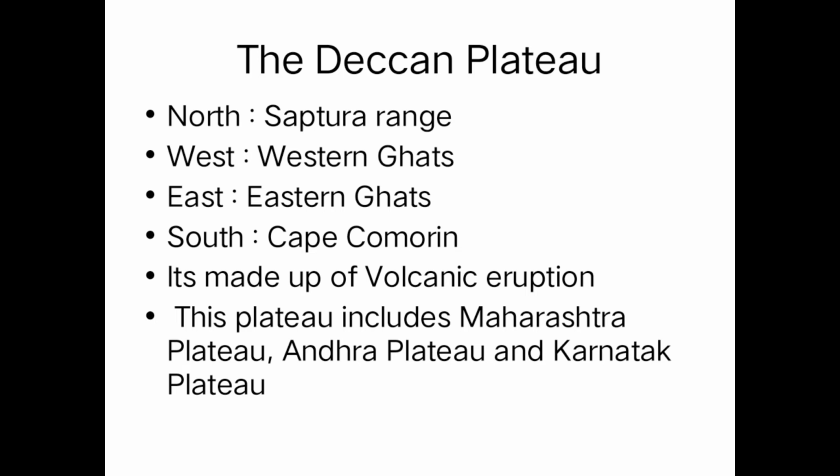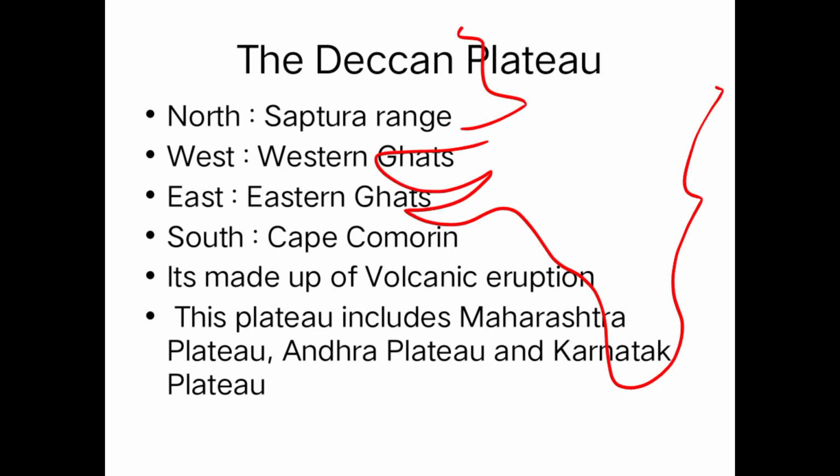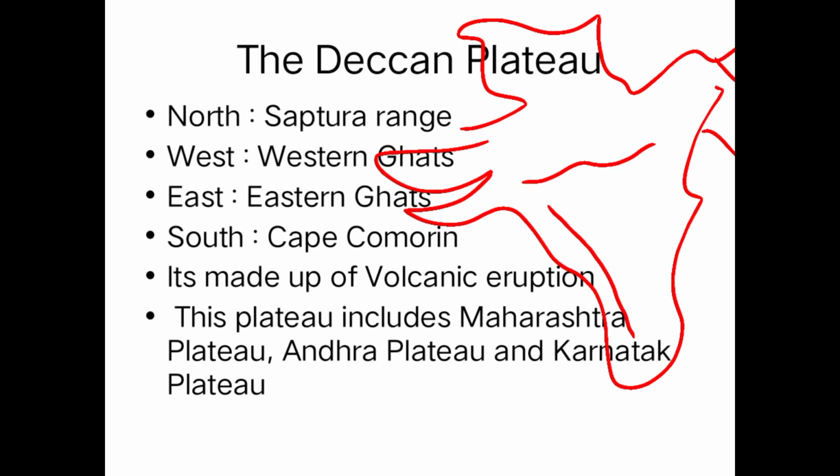Coming down to the Deccan Plateau region, in the north we have Satpura, in the west the Western Ghats, in the east the Eastern Ghats, in the south Cape Comorin. It is made up of volcanic eruption. So, the Deccan Plateau's location. This is the Narmada, Tapi, Satpura Range. This is the Western Ghats, this is the Eastern Ghats, and this is the location of the Deccan Plateau.